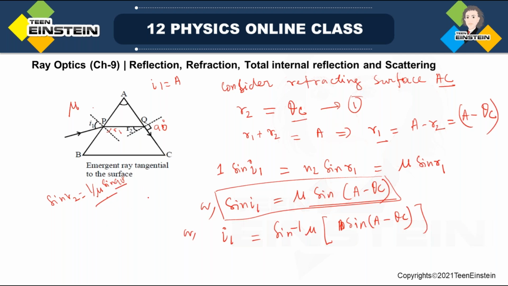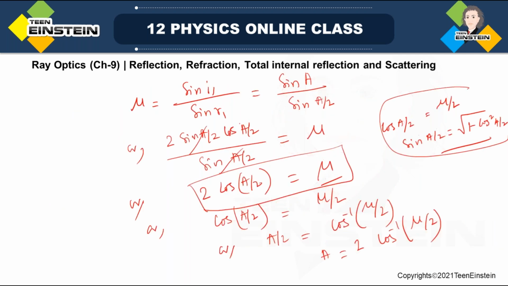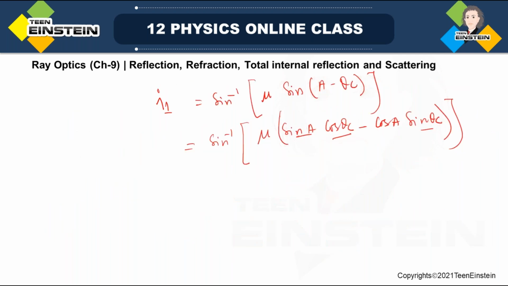We have to find that out. If we have sine theta c equal to 1 over mu, cos theta c will be the square root of 1 minus sine squared theta c.